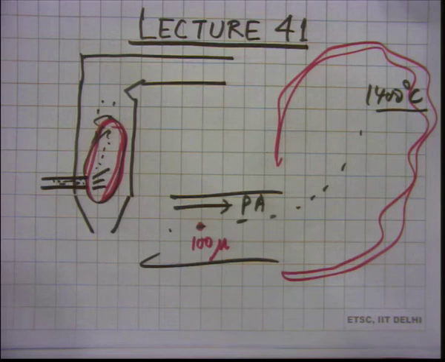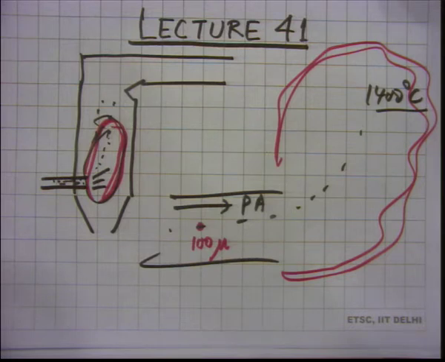The primary air is also preheated to some extent, 75, 80 degrees Celsius. So the particles were already dry, already lost some part of the moisture. So it loses all its moisture in about 1 millisecond.